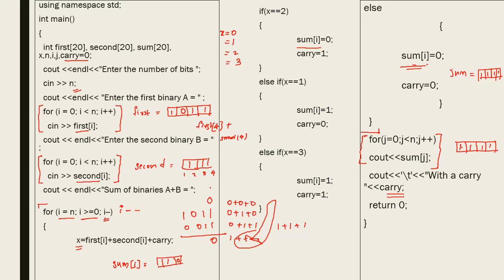Therefore we use a decrement operator here, not an increment operator. Now what is the termination condition? The termination condition will be when it reaches 0, so the termination condition is i greater than or equal to 0. That is, this loop will work until i is equal to 0 or any value greater than that. Is that clear?